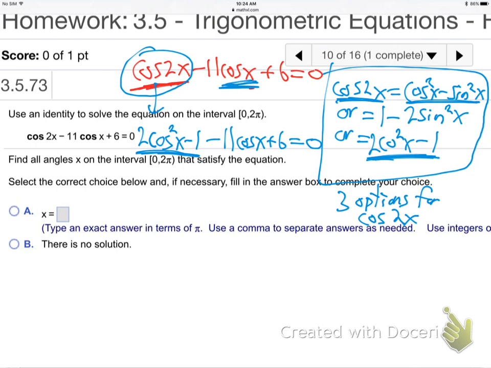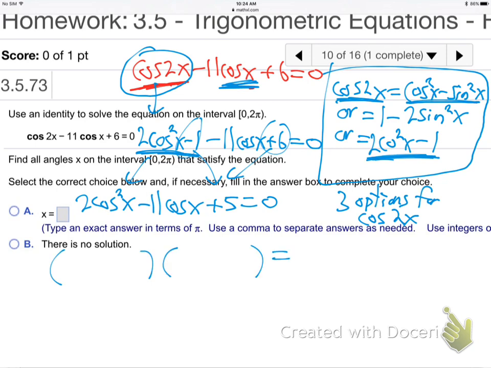So we better move on. Let me just jump in and finish this real quick. So 2 cosine squared, I was going to put it in order, right? Cosine squared, cosine. And then negative 1 plus 6. That's plus 5, isn't it? And then factor, I'll just show you. You just got to factor and FOIL until it's right. It's like that.